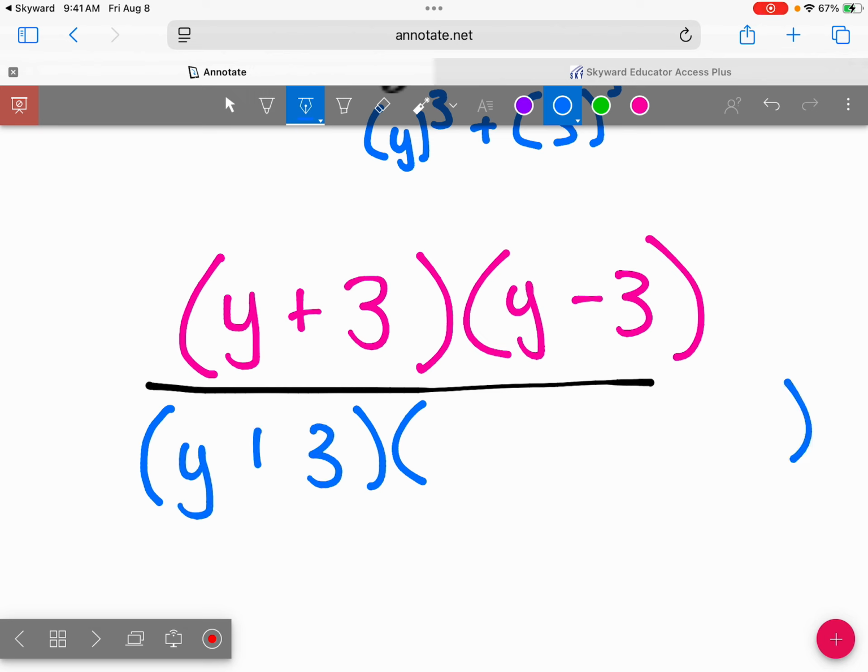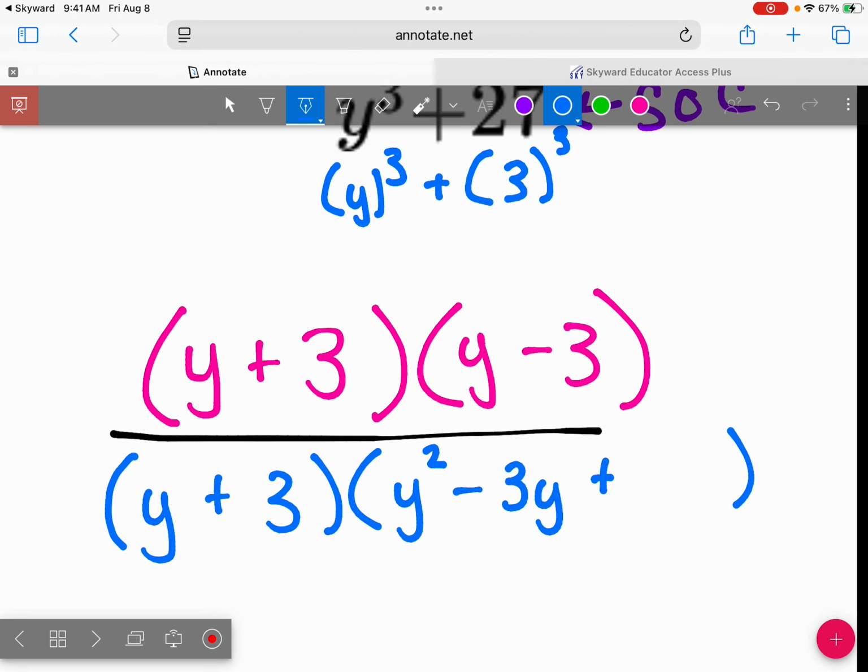We use the same sign, so this side gets a plus. Then I get my first piece squared. Opposite sign with the product of y times 3, also known as 3y. Always plus the last bit squared. So the 3 squared. 9.